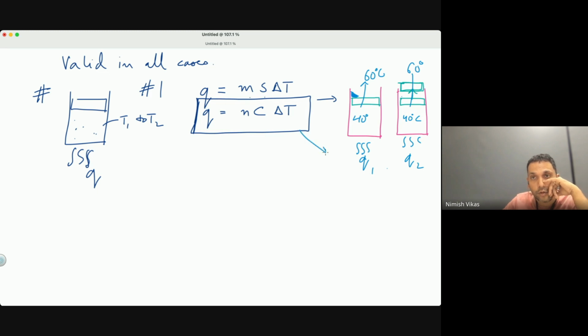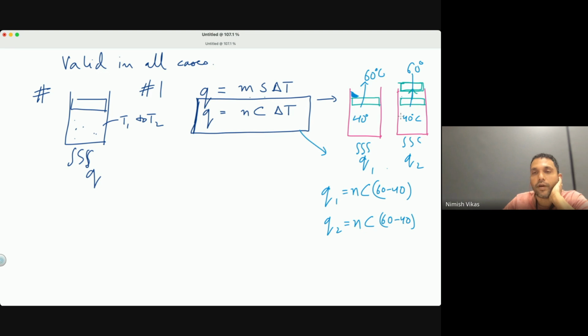According to this all-time formula, Q1 will be equal to nC into the change in temperature, 60 minus 40. According to that formula, Q2 will also be nC into 60 minus 40. But I clearly know the heat should not be the same in both.